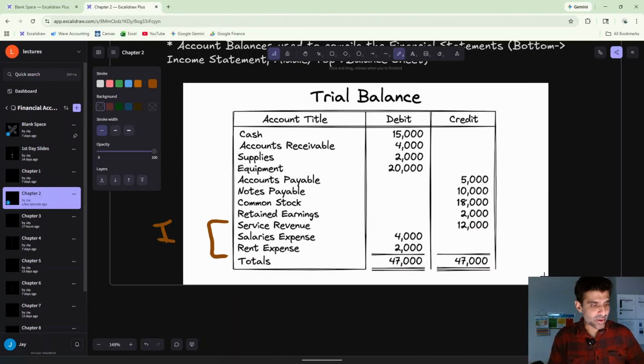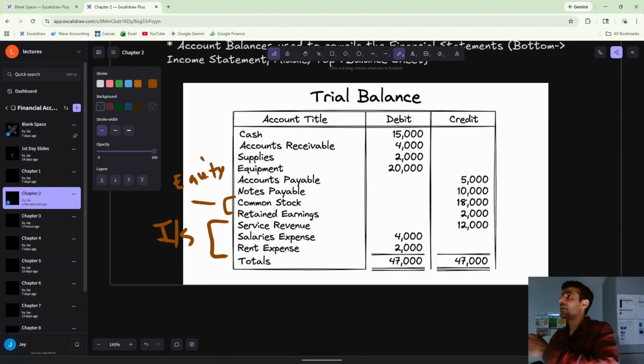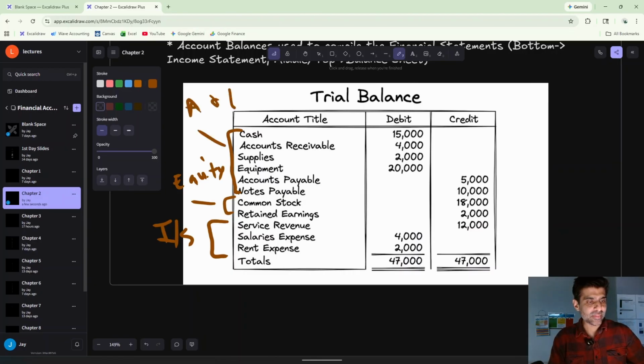So this is what's going to go on your income statement. You're going to then combine it with these to give you your equity statements, basically your statement of retained earnings and your statement of shareholder equity. And then all this stuff up here, these are your assets and your liabilities.